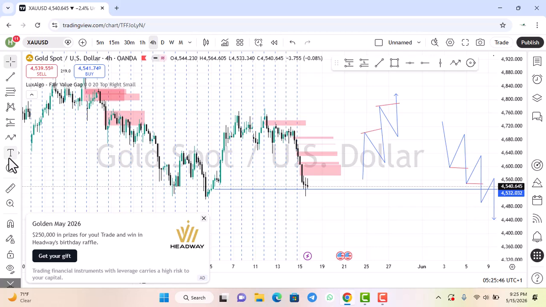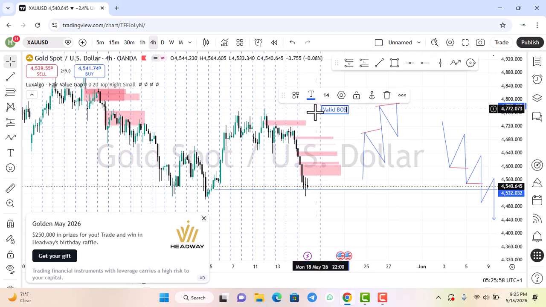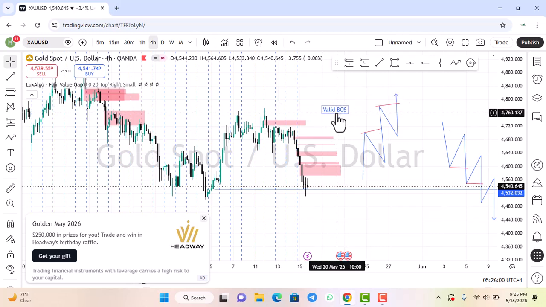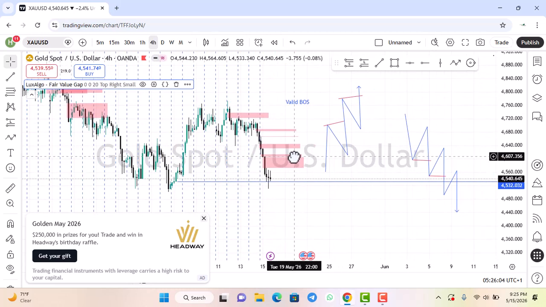A valid break of structure. BOS, that is break of structure, right? So for you to have a valid break of structure on a lower time frame, anything from 1 hour below, yes, anything from 1 hour below, this is a 1 hour, right?